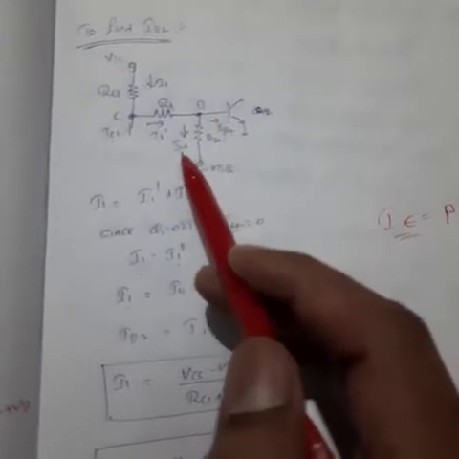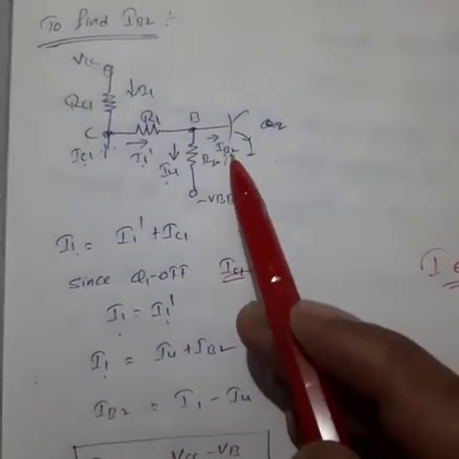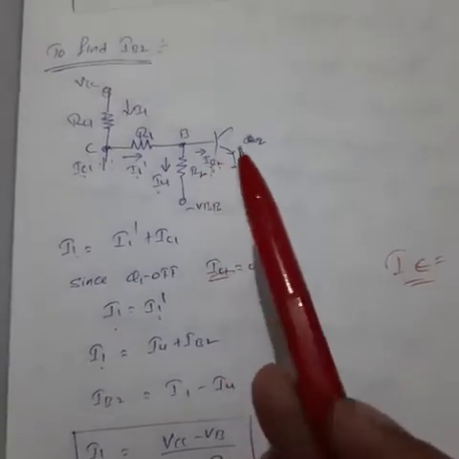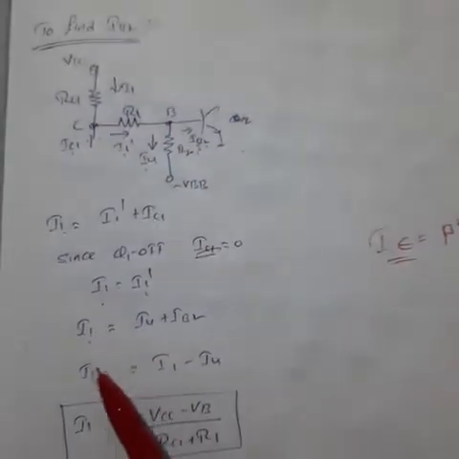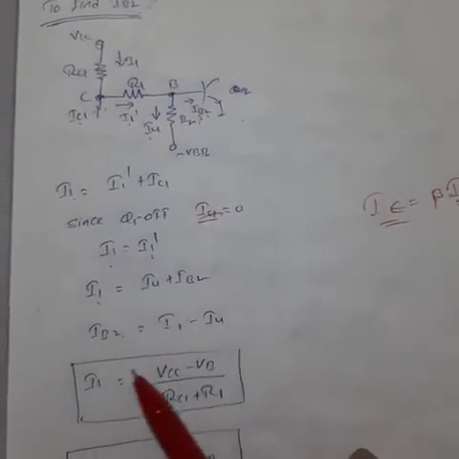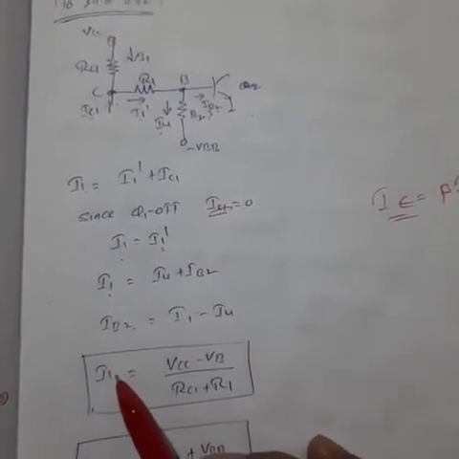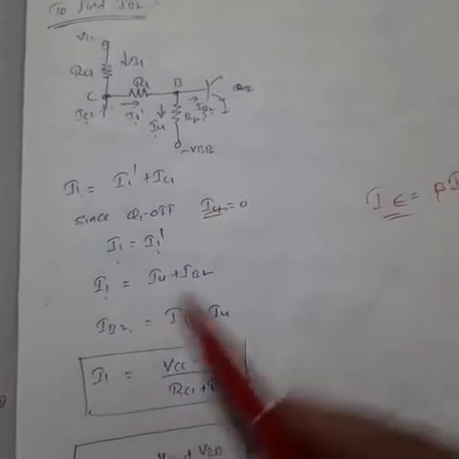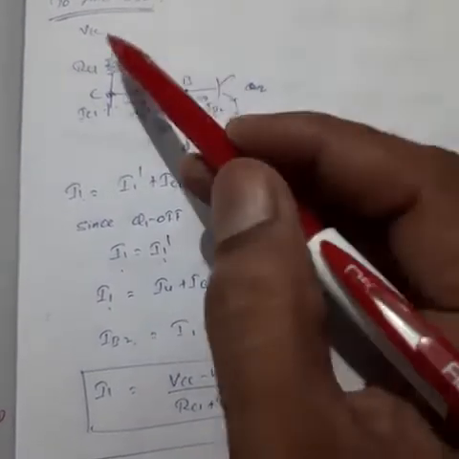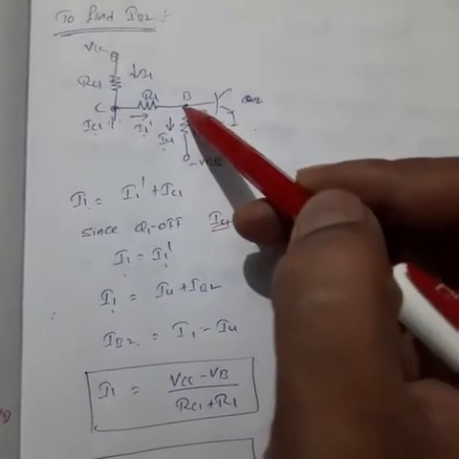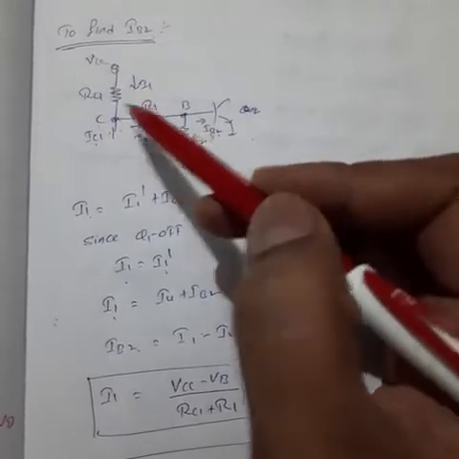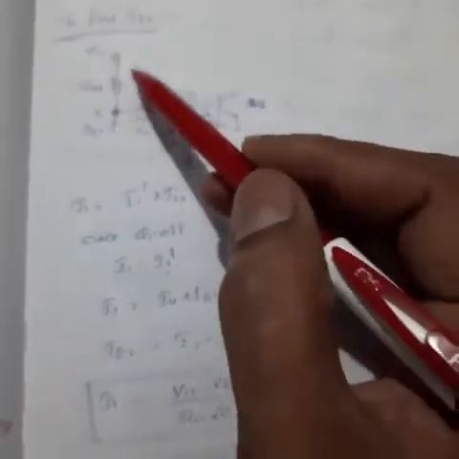Again, I1 is divided into I4 plus IB2. From this, we have to calculate IB2: IB2 equal to I1 minus I4. From the circuit, I1 flows starting from VCC and ending at VB. So, applying KVL, I1 equal to VCC minus VB by RC1 plus R1.